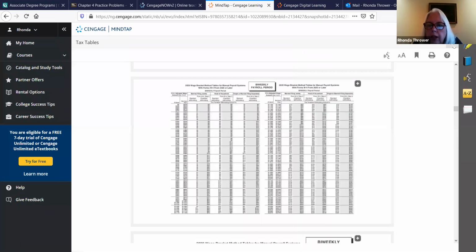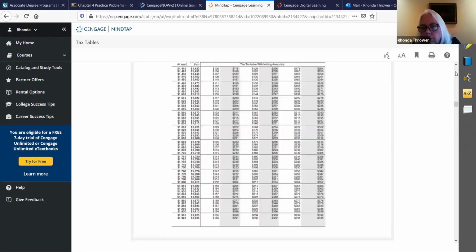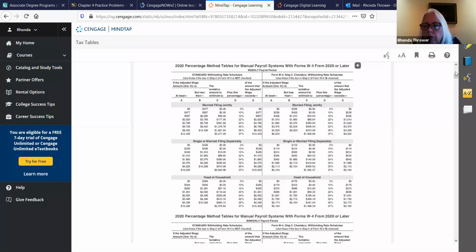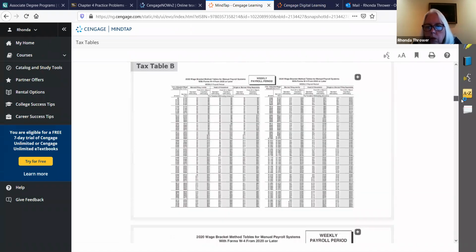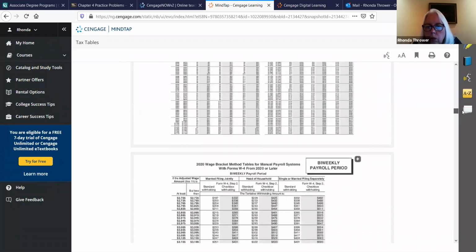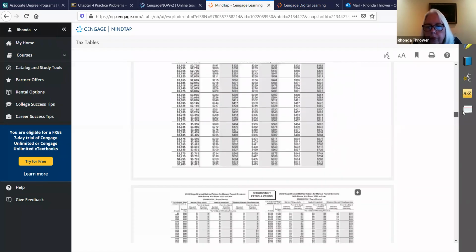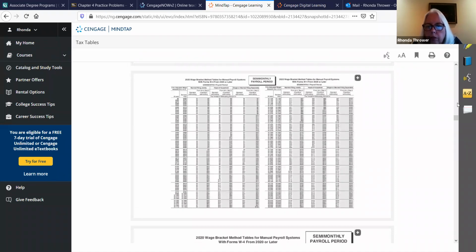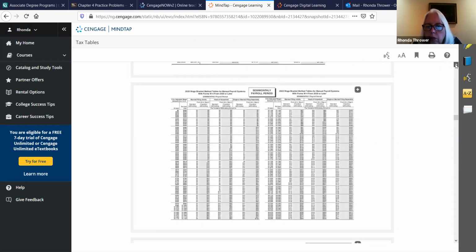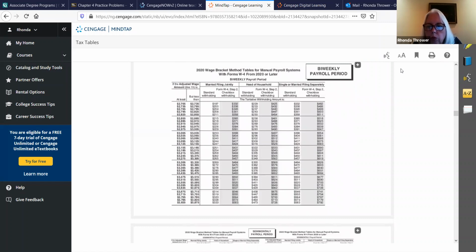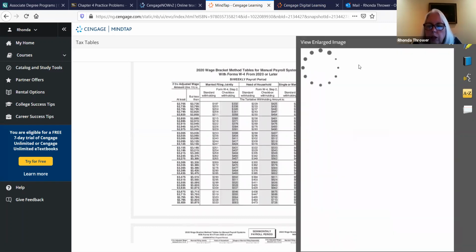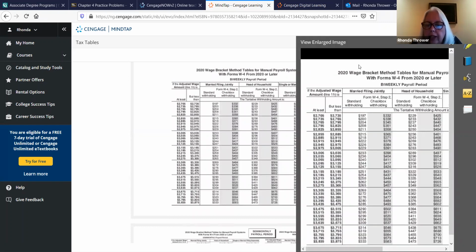So I'm going to go to my next table. Semi-monthly, I don't want that one. Let me click on this one and see if it'll work. This is the second biweekly table.